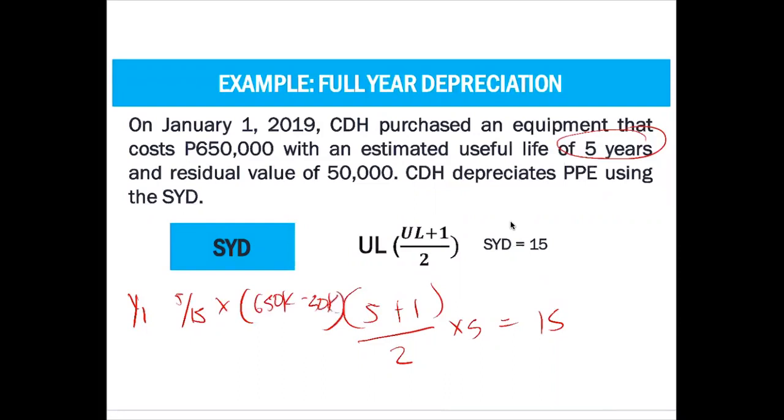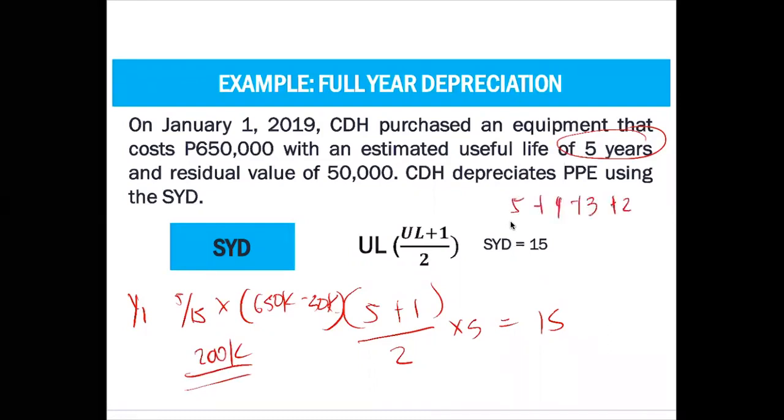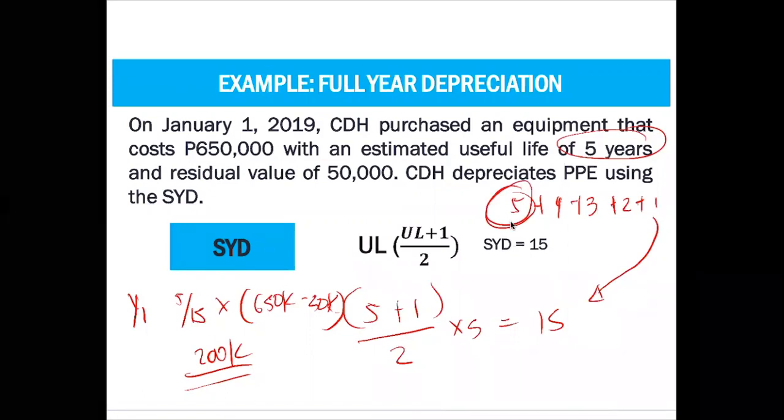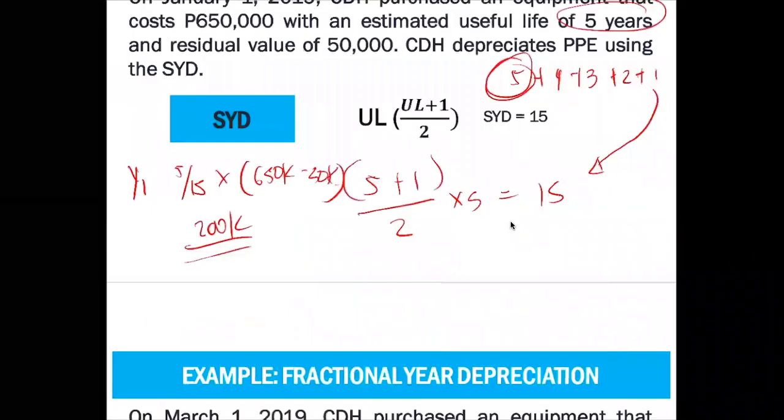So 5 over 15 times 600,000, we have 200,000 pesos. Bakit? Di ba 5 years yan? So sum of the years, 5 plus 4 plus 3 plus 2 plus 1 equals 15. And yung numerator mo should be the highest year first. So 5 over 15. Then 4 over 15, 3 over 15, 2 over 15, and 1 over 15.